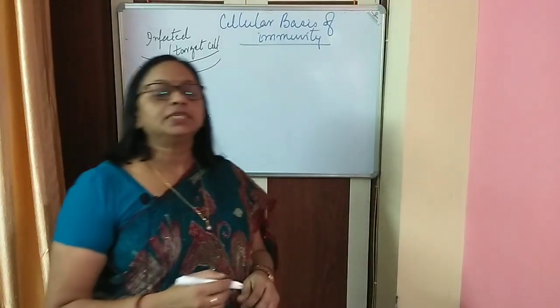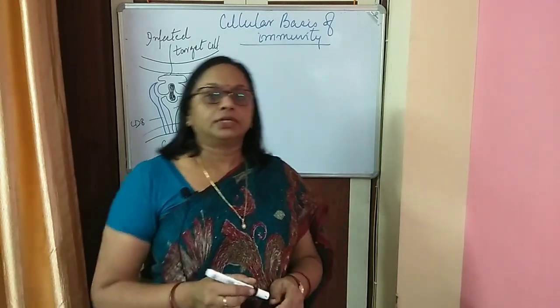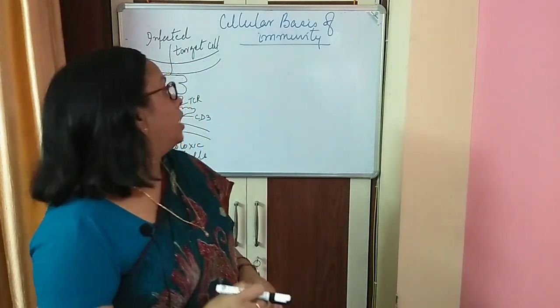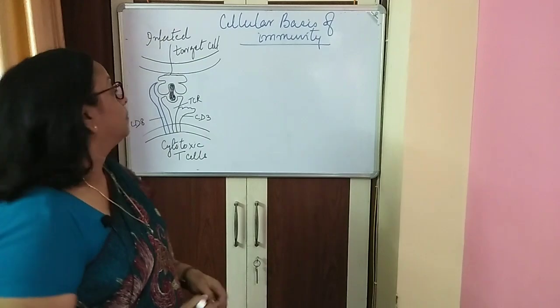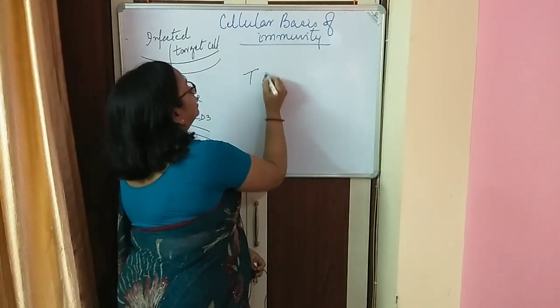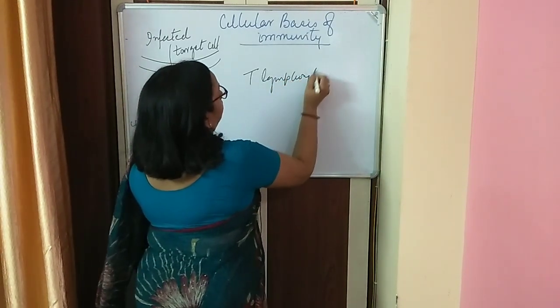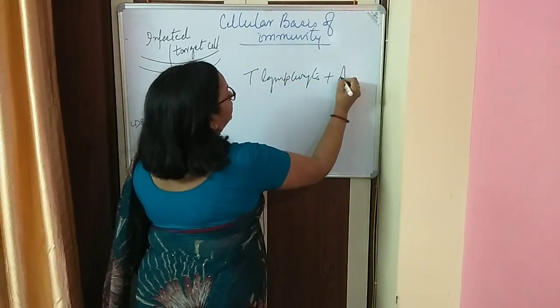So hello students, now I am going to complete the topic which was started earlier, and now I am going to tell you about the interaction of T lymphocytes with antigen.